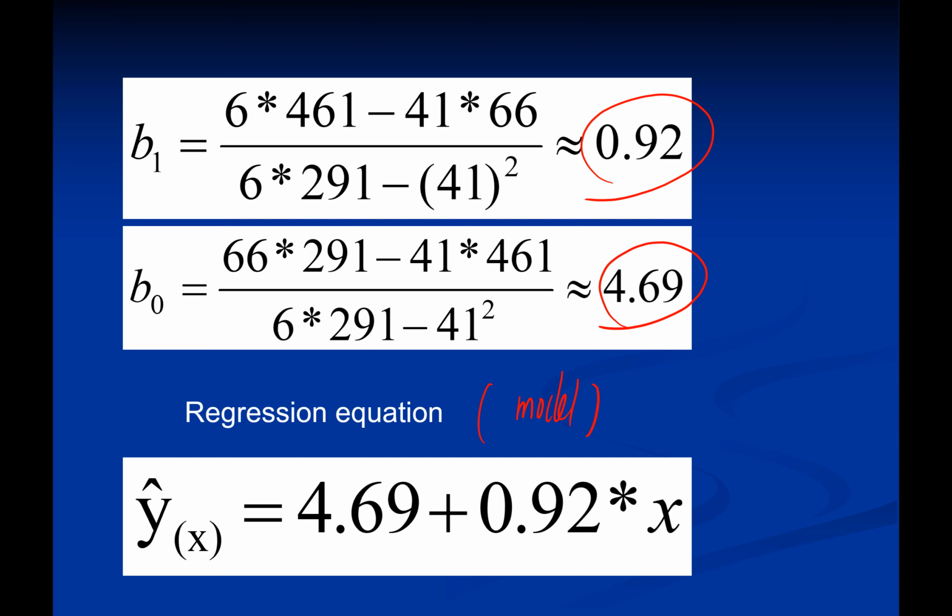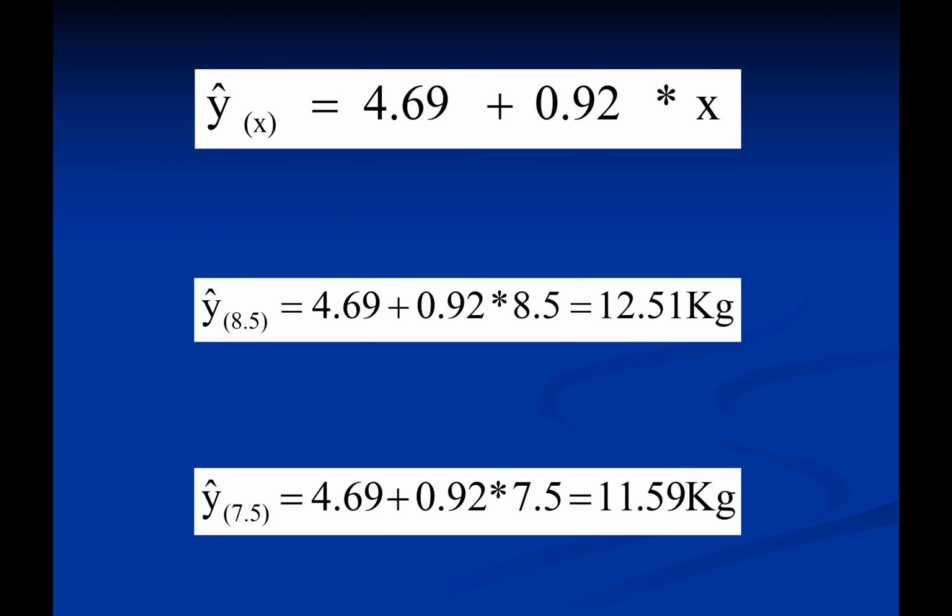So the regression equation, the regression model, is the predicted y values. Y hat represents the predicted y values. So it's 4.69 plus 0.92x. Again, we can easily get this in Excel. I'll show you in a bit.